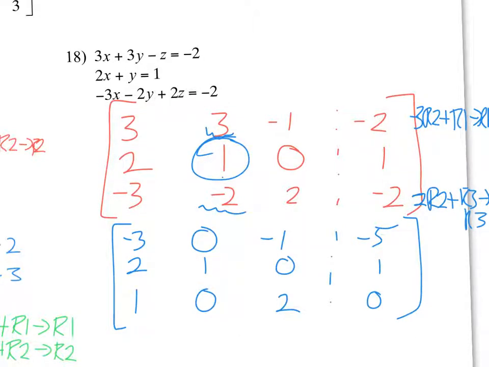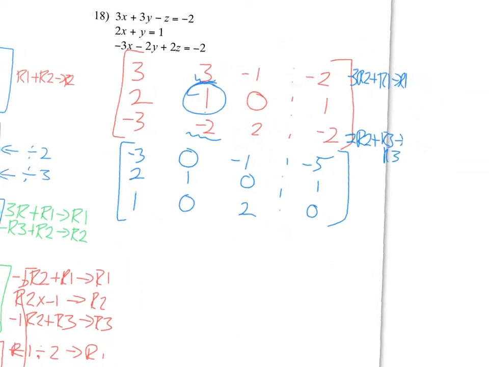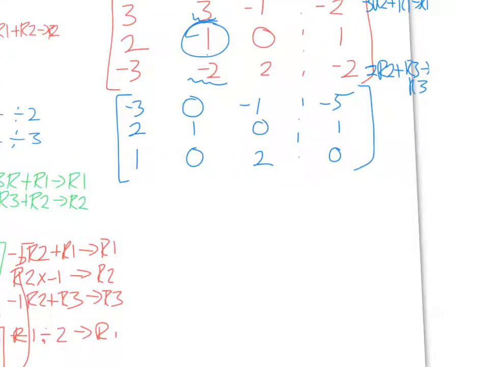My next set of things to do is going to be a little bit more challenging because I've got to figure out, if I'm lazy, and I am lazy, how to avoid doing this with fractions. And one way for me to do that would be to use this 1 to get rid of this 2, and that would give us zeros in 2 out of the 3 rows here.